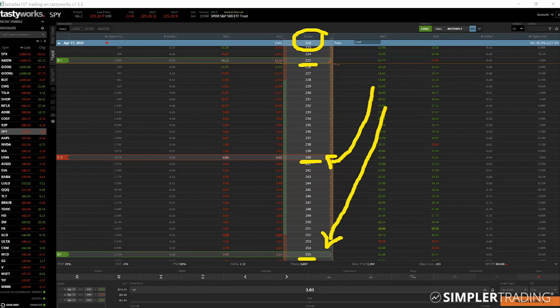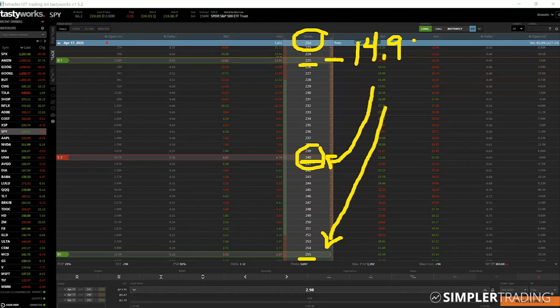So anywhere between 225 and about 255 is okay. The closer that we can get it to 240, the better. This trade works perfectly if we close on the day of expiration one penny below the short strike. Why is that? Because if we were to close at 239.99, this 225 call would be worth $14.99.